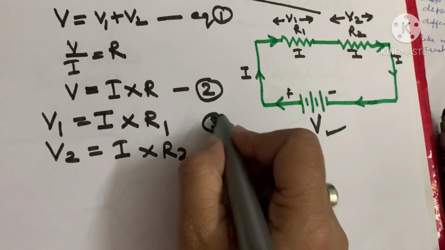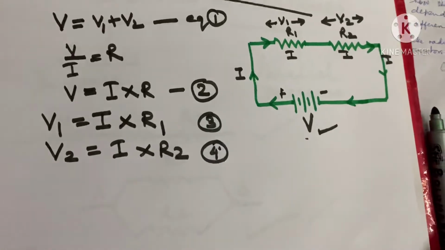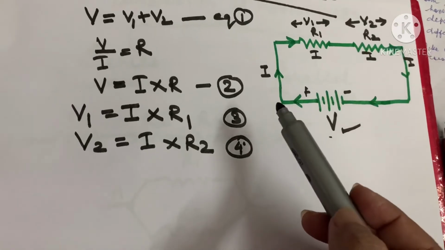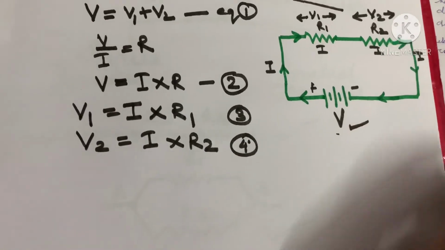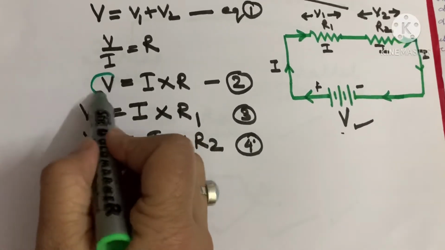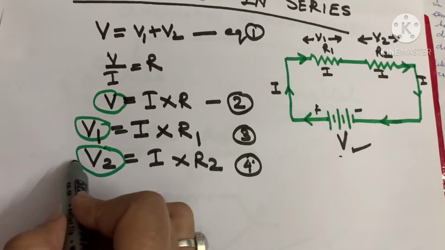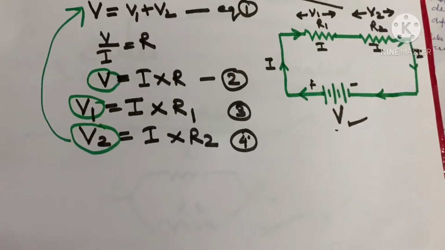This is the third equation and this is the fourth equation. Now we will put the values of V, V1 and V2 in equation 1.